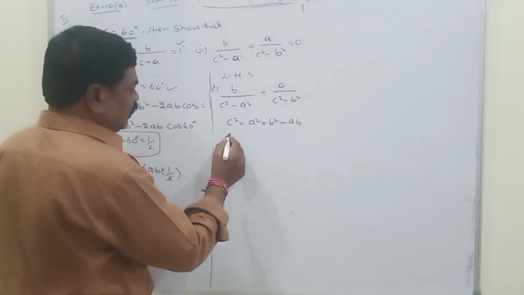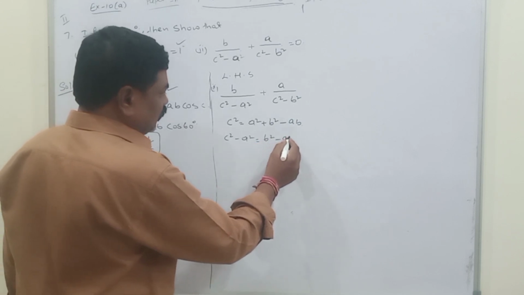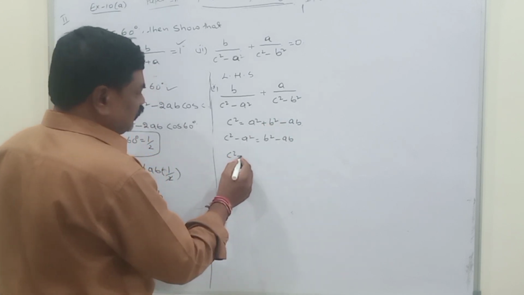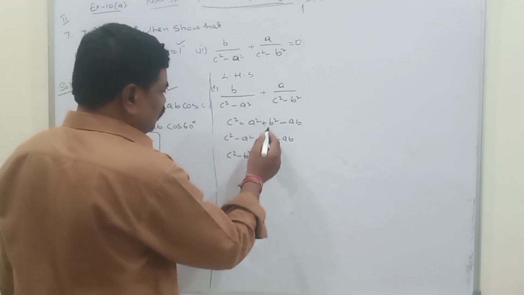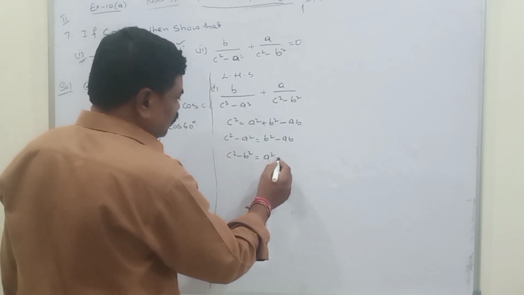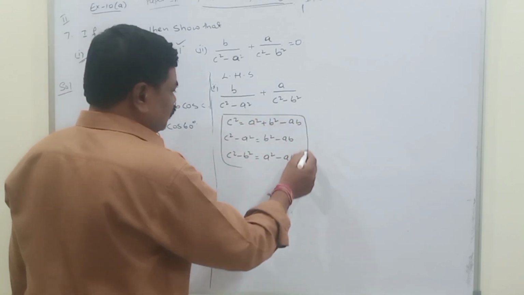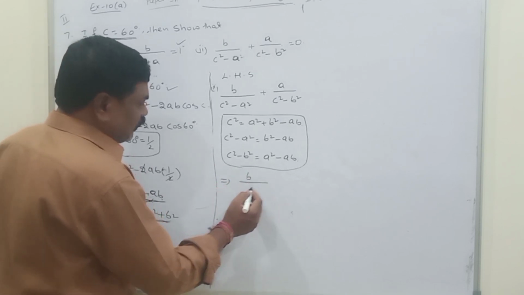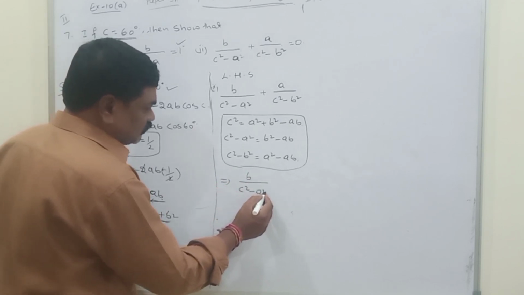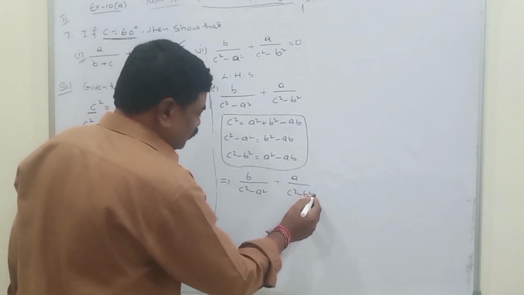So C square minus A square is equal to B square minus AB, and C square minus B square is equal to A square minus AB.